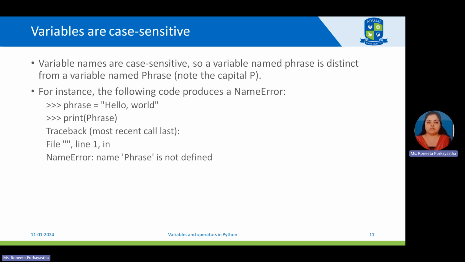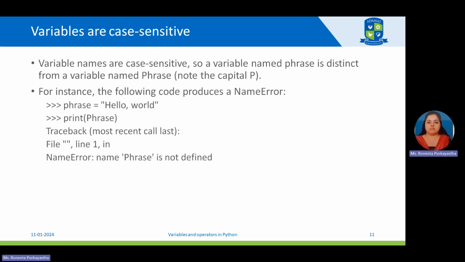Like in the example given in the slide, phrase is equal to hello world, with all the letters in lowercase in the name of the variable, whereas in the print instruction they have written capital P phrase. That will give an error, because this is case sensitive in nature and it will generate a name error.